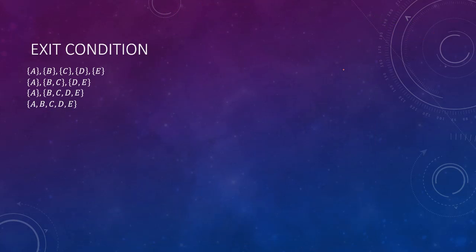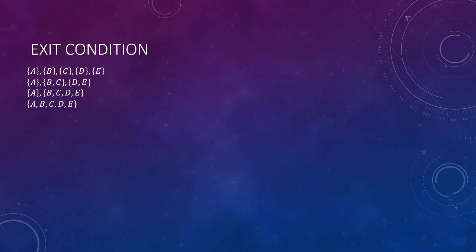This is important because if you let this algorithm run for enough cycles, eventually it will cluster everything into one giant cluster. And we don't want that. That's not very useful, is it? So we have to come up with an exit condition.